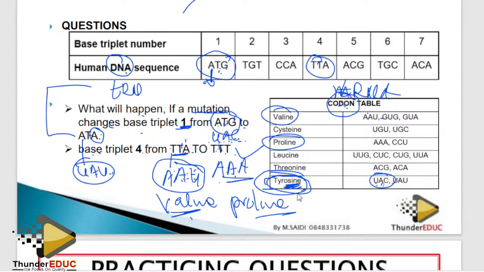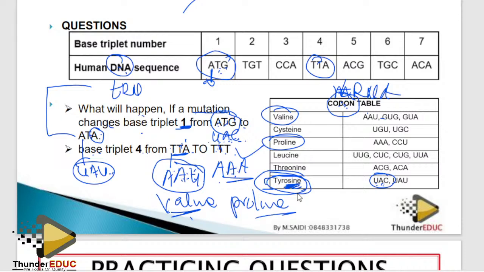If the DNA sequence has changed, one base has been removed or replaced, whatever, it will lead to a different sequence of messenger RNA, which will lead to a different sequence of transfer RNA, which means a different sequence of amino acids. You understand? Hence a different protein. A different sequence of DNA will lead to a different sequence of messenger RNA, which leads to a different sequence of transfer RNA with its amino acids, which leads to a different protein.